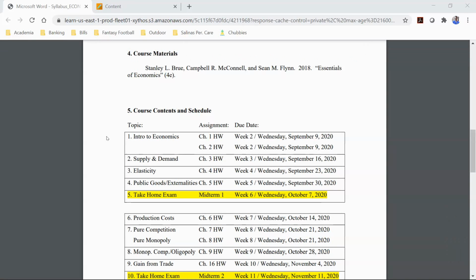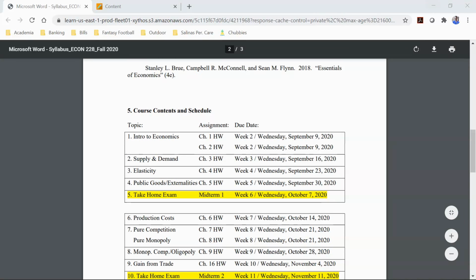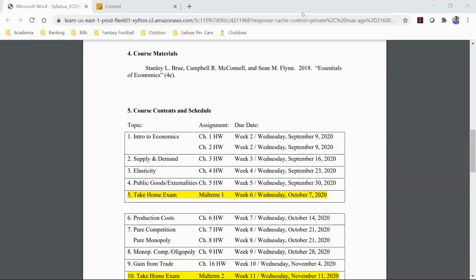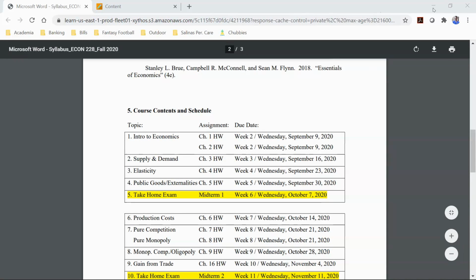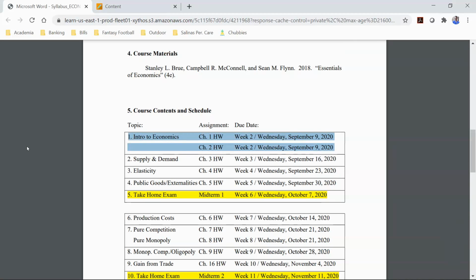Okay, we're just about done with what I wanted to cover for today, and I think we're right at the time. Let me see what time it is. Okay, to get us wrapped up, the Chapter 1 homework and the Chapter 2 homework are both due in a week, next Wednesday.